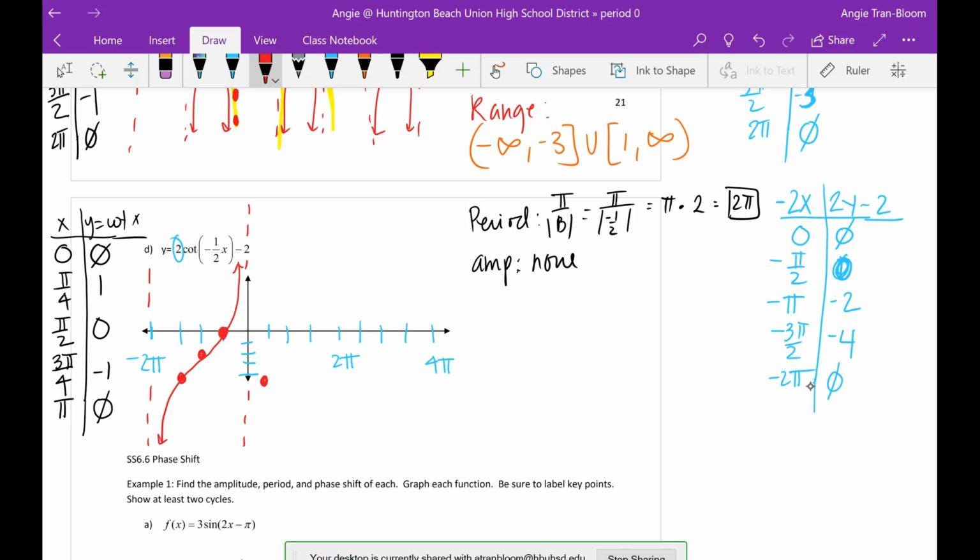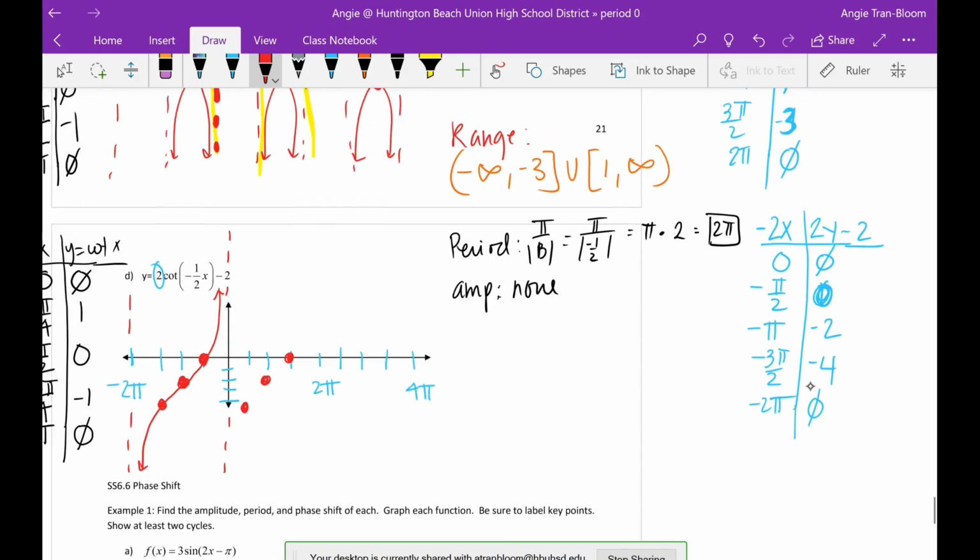At pi, Kyle, where do you want me to plot pi? Negative 2. At 3 pi over 2, Daniela, what do you want me to plot? 0. Good. At 2 pi, what do you want me to do, Alyssa? 2 pi. You're right, I will. Okay. All right, connect those dots.